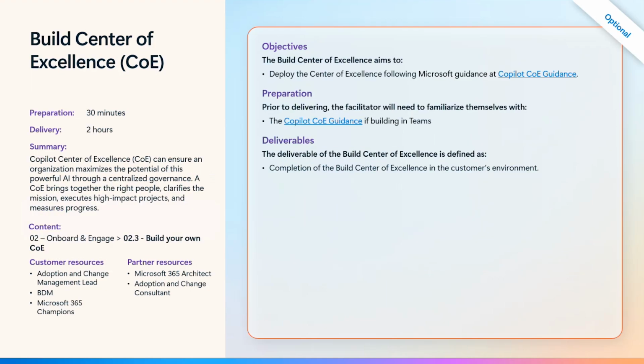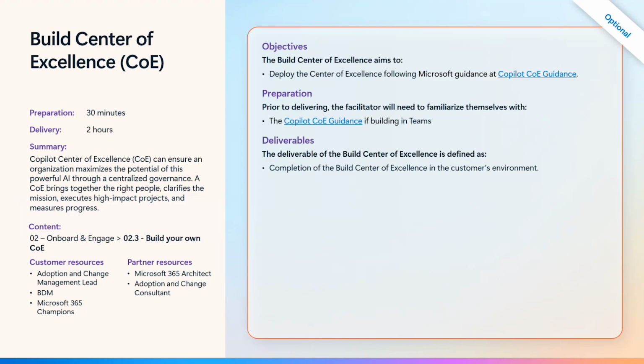Okay, let's talk a little bit about how to build a center of excellence. Just to let you know, in this slide we are focusing on building a center of excellence for Microsoft Copilot, and how this center of excellence can centralize governance and maximize the potential of AI within the organization.